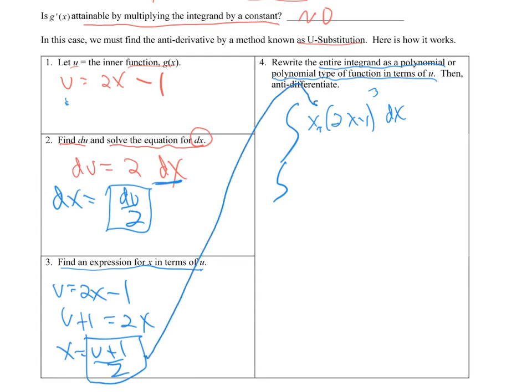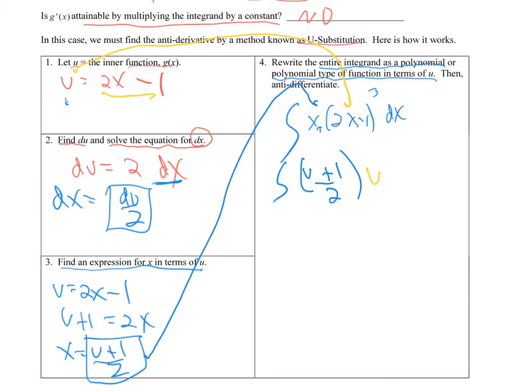That goes here. So I'm integrating (u plus 1) over 2. There's my x. What's another name for 2x minus 1? Well, remember, 2x minus 1 is a u.